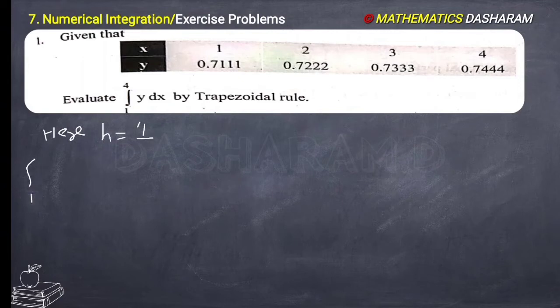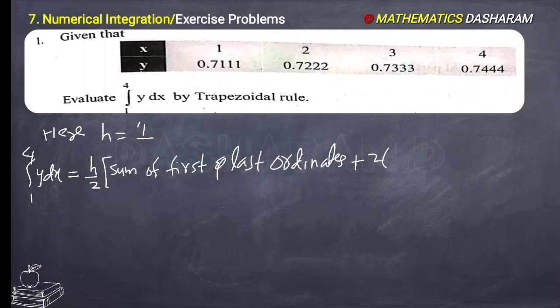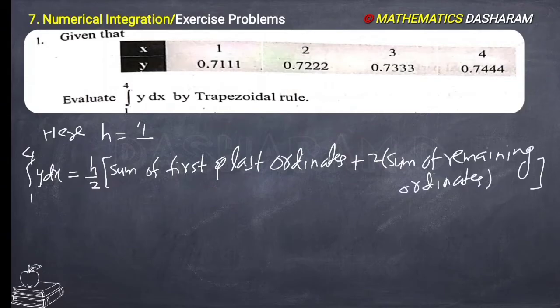Then integration 1 to 4 y dx equals, by the formula, h by 2 bracket of sum of the first and last ordinates plus 2 into sum of remaining ordinates.